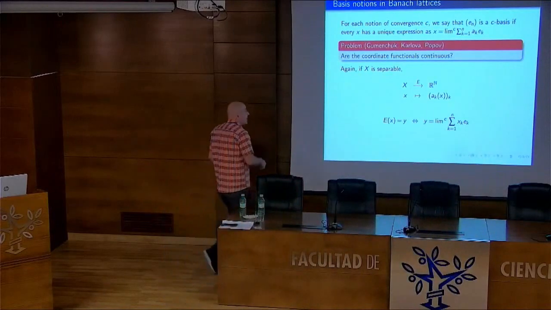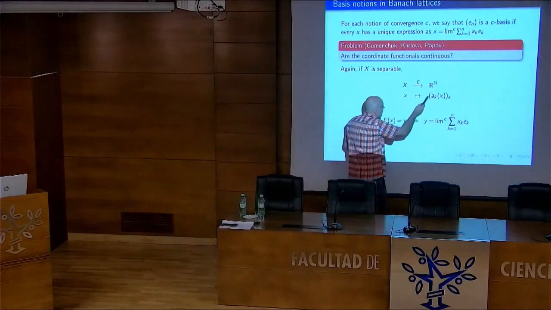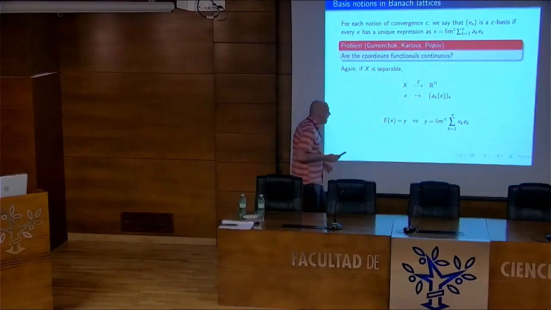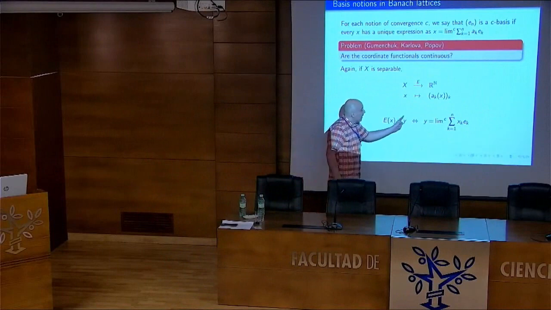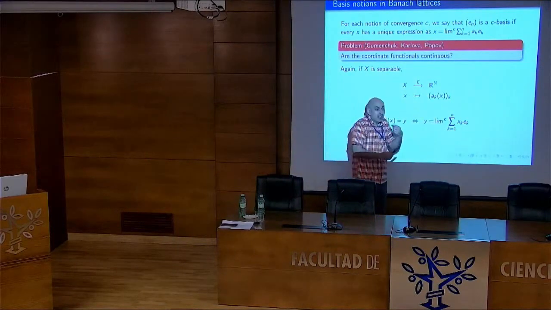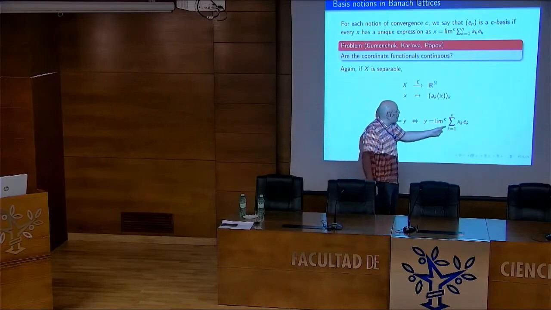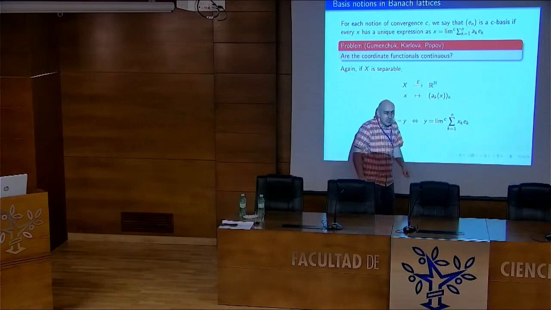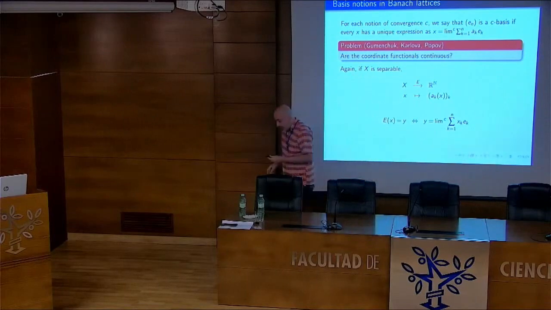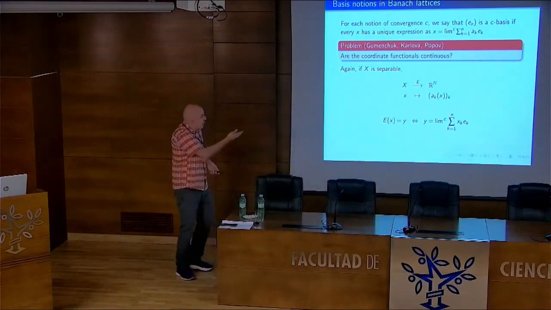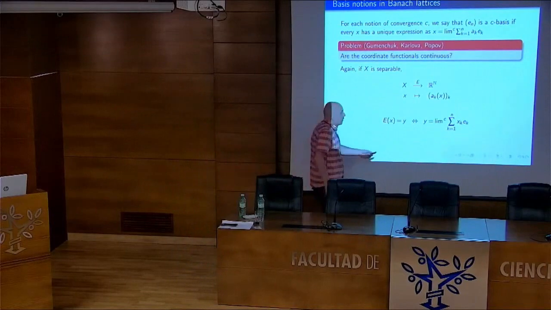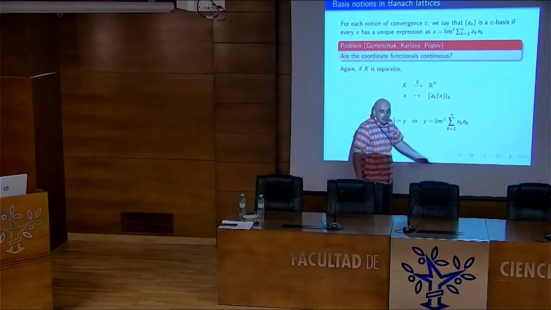So we take the evaluation operator, and again you are in the graph if and only if, by definition of the unique expression, y has to be the limit in the sense of C of this series. So now what we have to check is to look at each of these notions and compute the complexity of this.